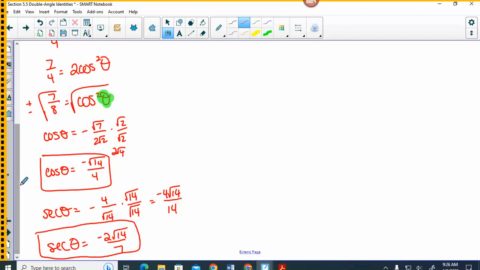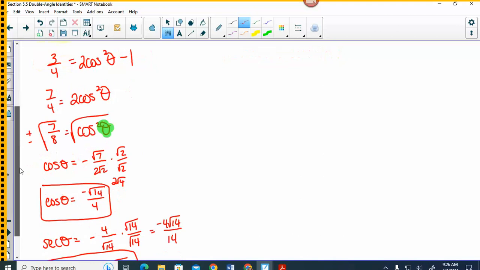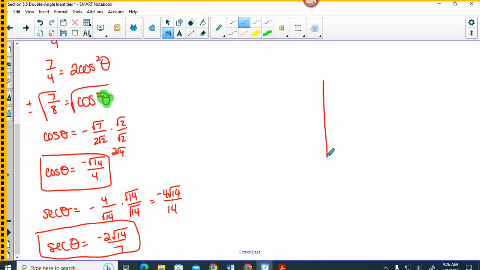For the remaining ones, if I wanted to find sine, I could do a very similar thing. I could take the original and use the formula with sine and get it that way. But it might be easiest, since I already have cosine, I could just set up a triangle. We said we're in quadrant 3. Cosine is adjacent over hypotenuse.